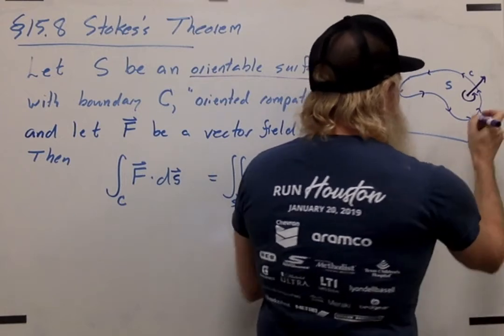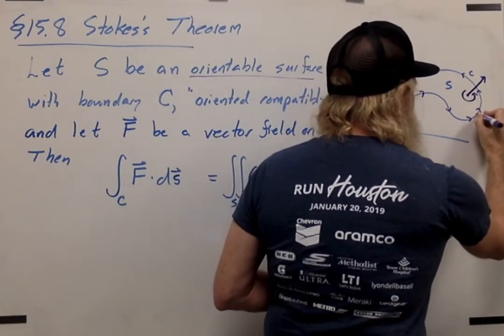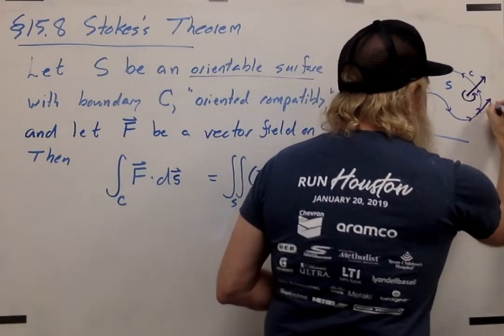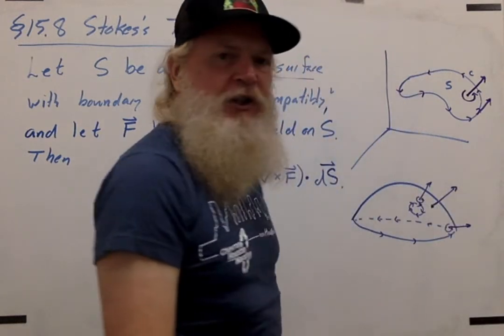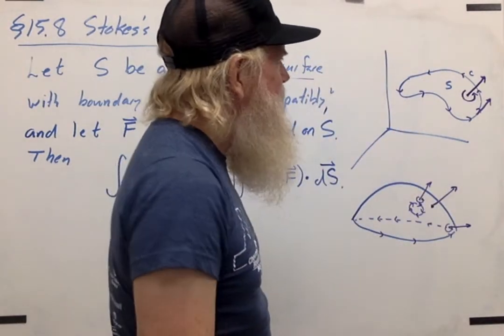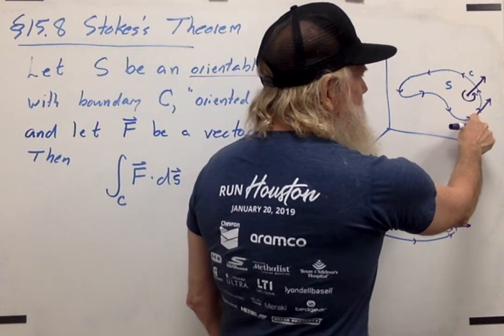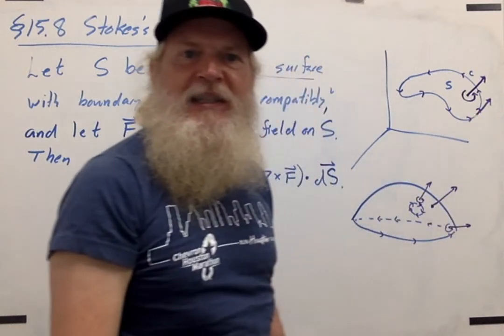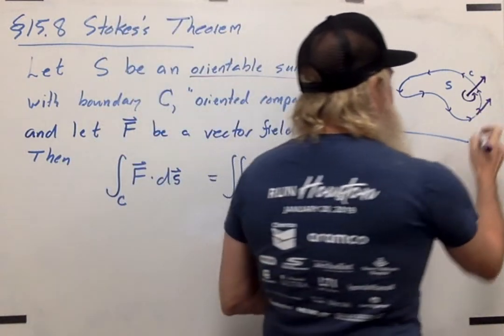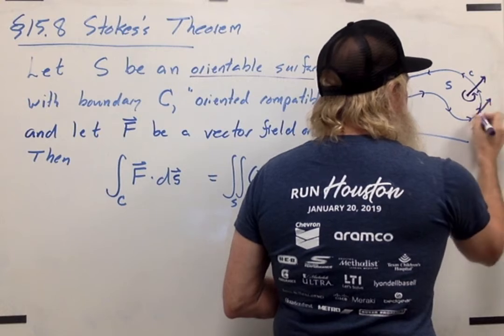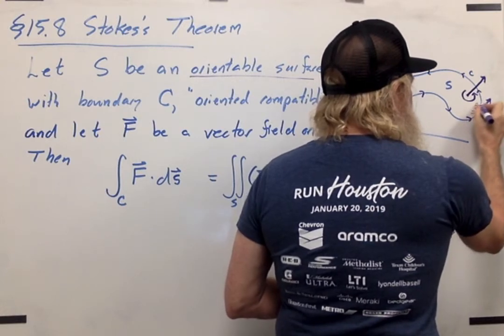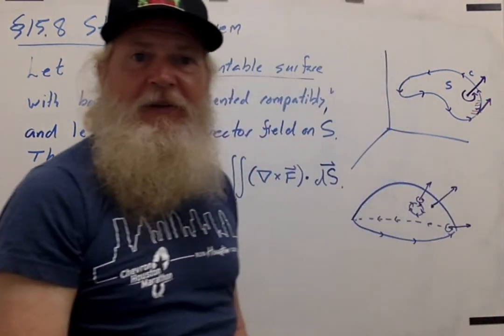Let's say that you are standing on this edge and your head is pointing in the direction of the normal vector. Then you want to walk around the boundary so that the region stays on your left side. And notice that if you're walking this way, then the region S is over here on your left.